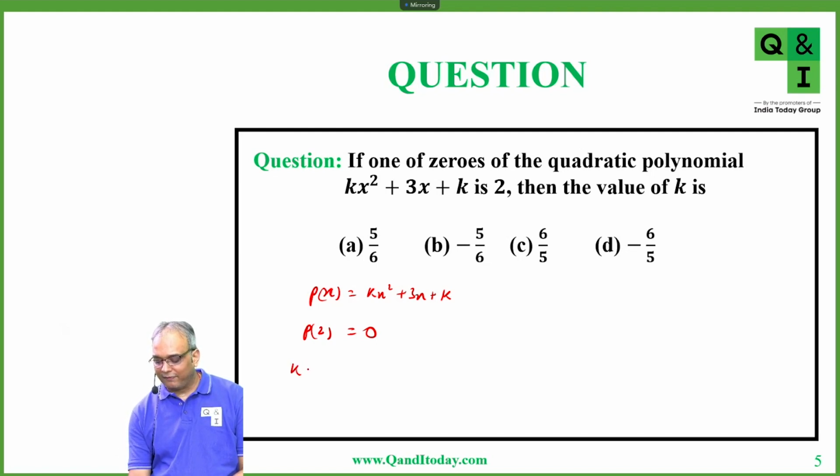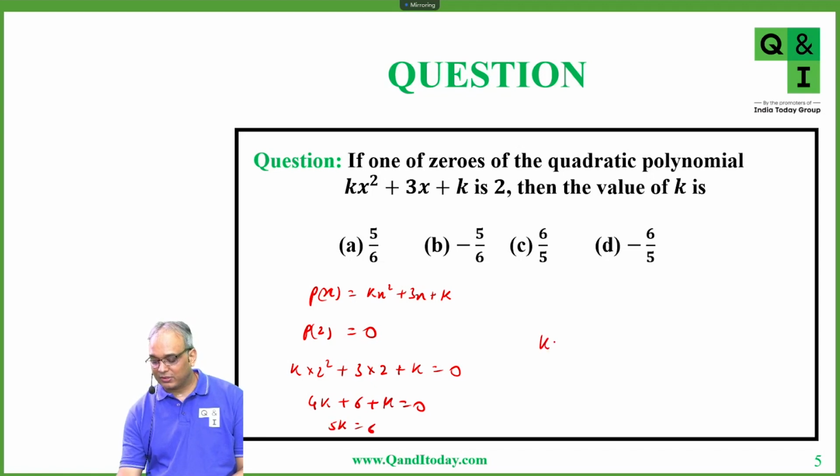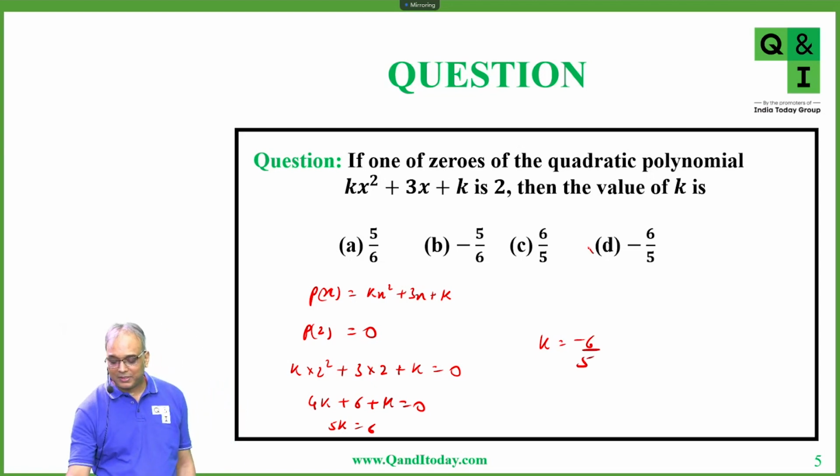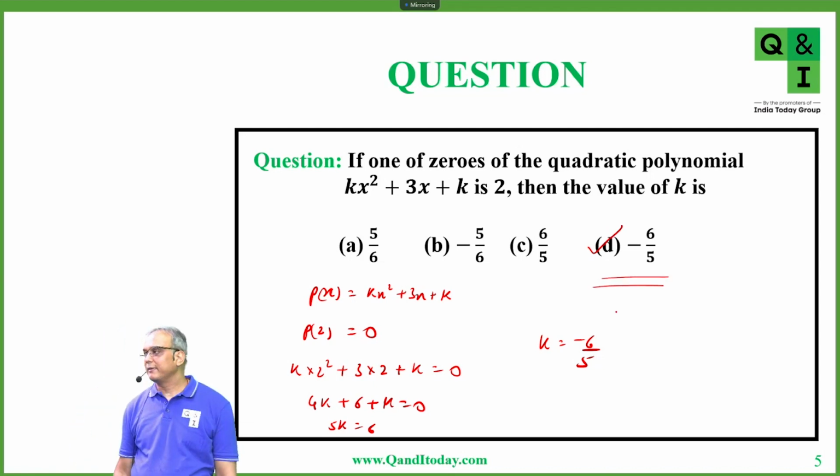So we will have k times 2 square plus 3 times 2 plus k is 0. So 4k plus 6 plus k is 0, or 5k is equal to minus 6, or k is minus 6 by 5. So option D is the correct option, k equal to minus 6 by 5.